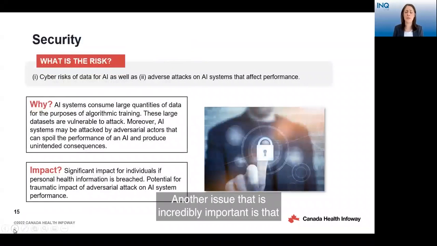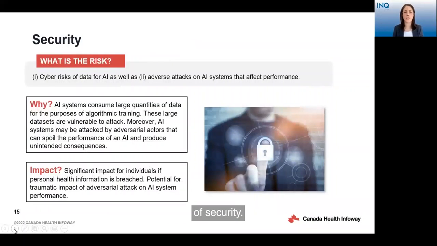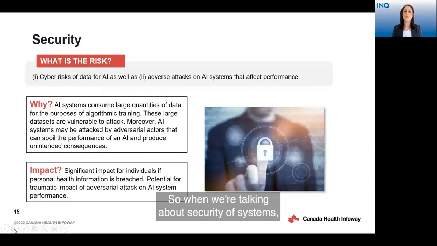Another issue that is incredibly important is that of security. So when we're talking about security of systems, we're talking about the potential that there could be an adversarial attack on the system that ultimately changes the output.